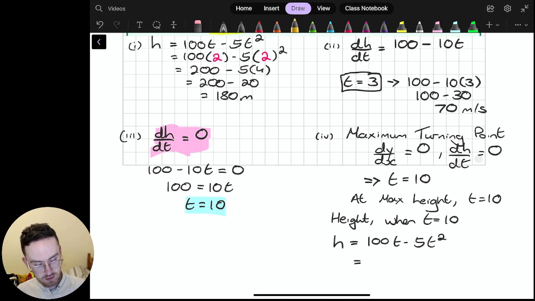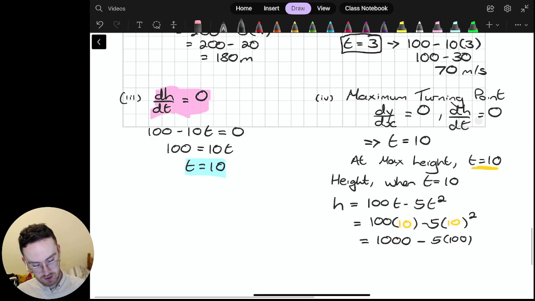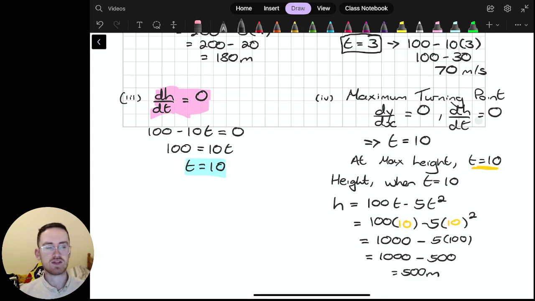So anywhere I see t, I'm going to sub in that value, that 10. And same over here, minus 5 by 10 squared. And we get 1000 minus 5 by 100, and following along, we get 500 meters is our maximum height for this function.